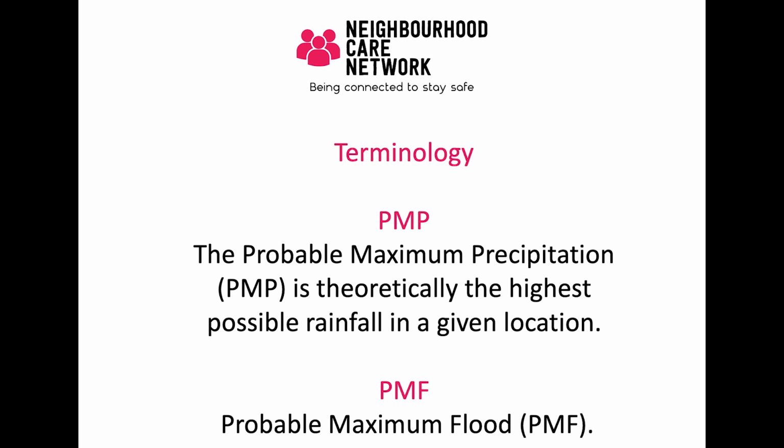Over the last couple of years, there's been some major changes in terminology that the flood report and the Bureau of Meteorology have started to use. And I just thought I'd touch on them quickly. So you'll hear about PMP, which is the probable maximum precipitation, or the maximum amount of rain a local area will get.